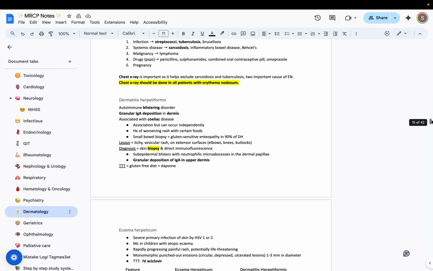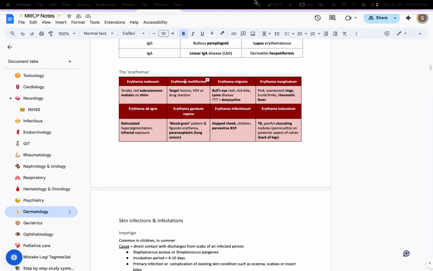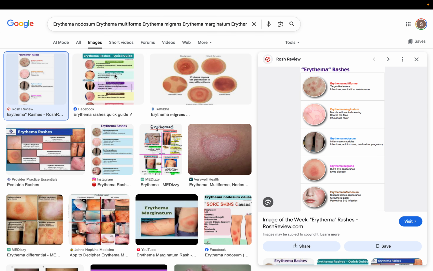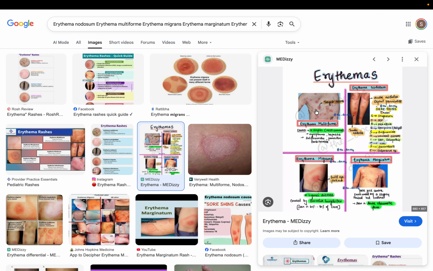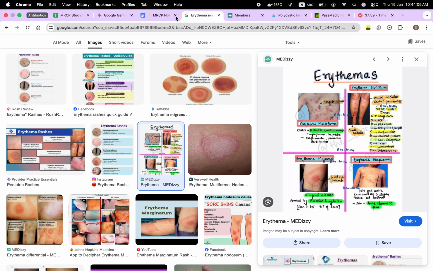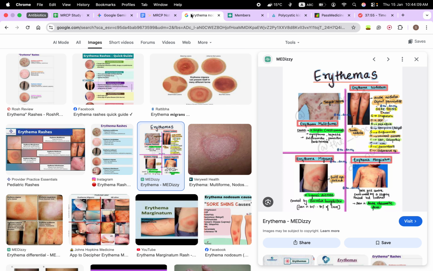Okay, let's go back. The next erythema is erythema multiforme. So erythema multiforme is a target lesion. This is how it looks like. The most common cause is herpes simplex. Really? Yeah, herpes simplex. Also drug reaction. Also mycoplasma.